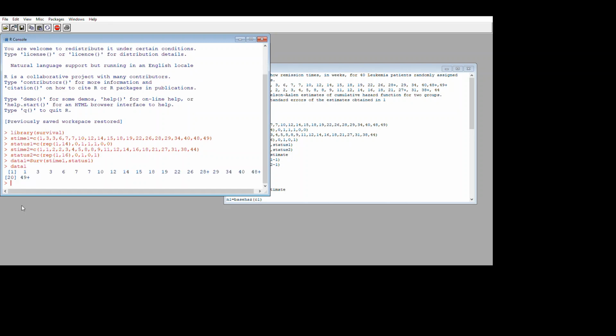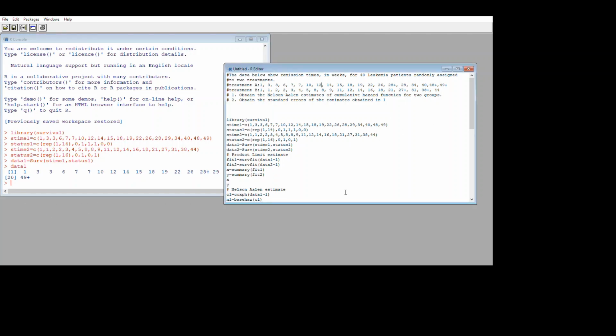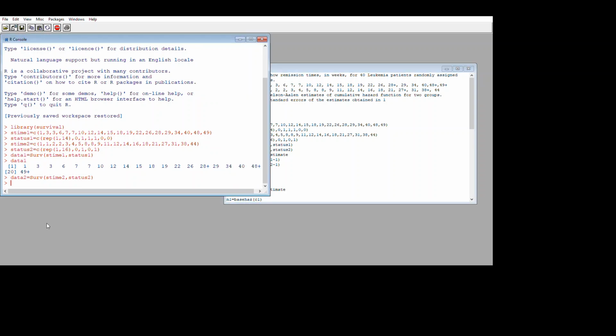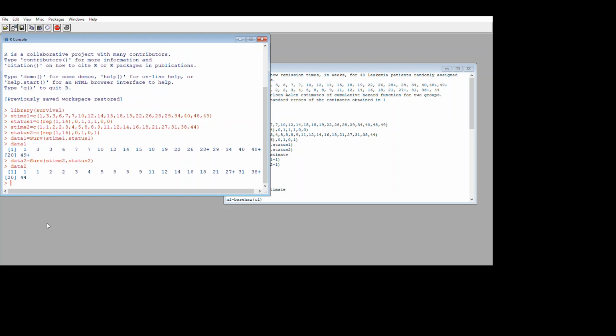Here we can see that the first 14 observations are exact, and then a censored observation, then 3 exact observations, and then two censored. So this is the data which is given in the question. Similarly, we can call data 2, which again gives the survival times for the patients assigned to treatment B.